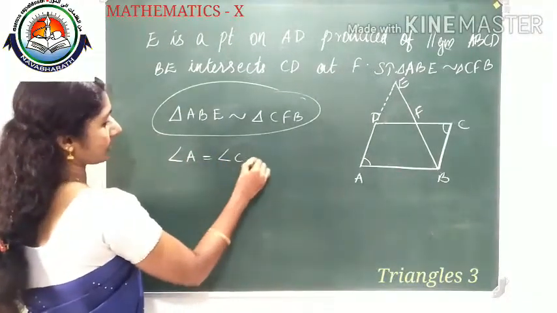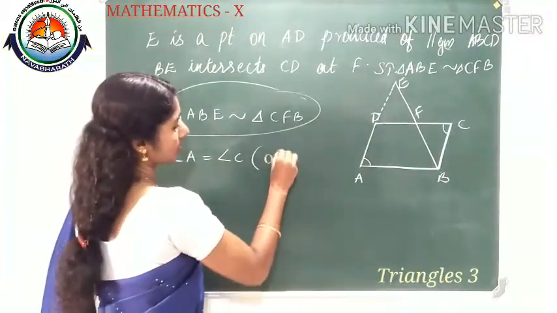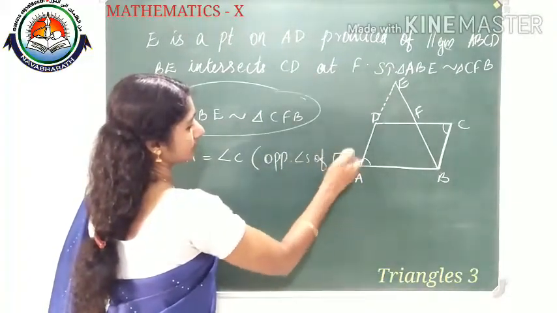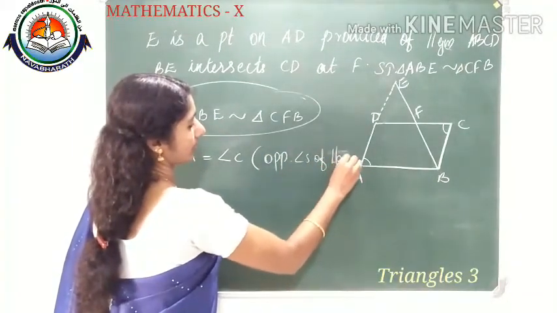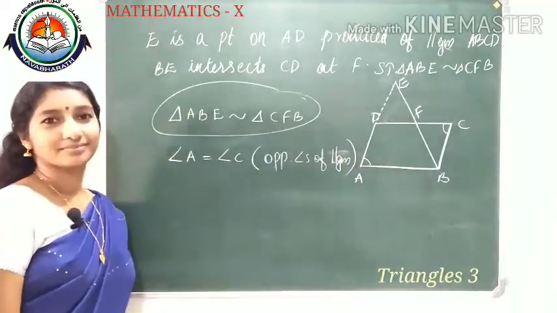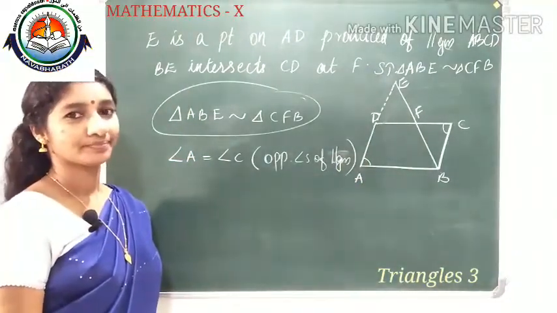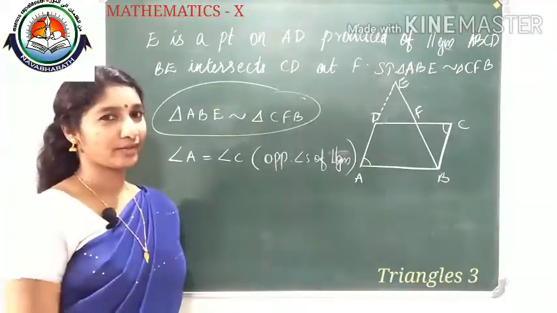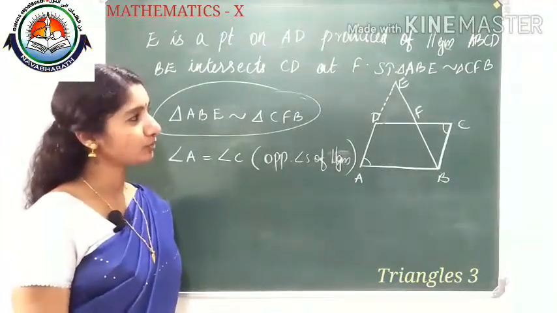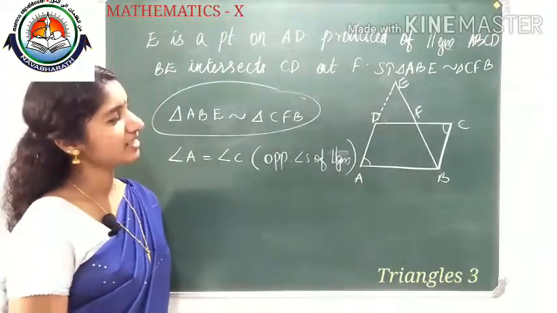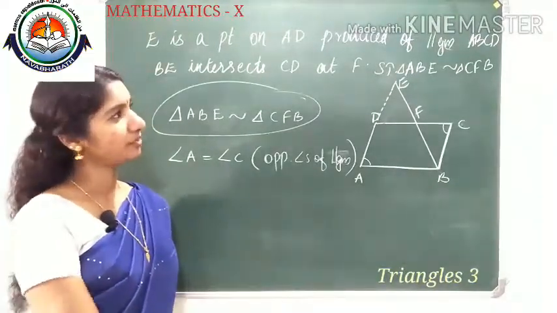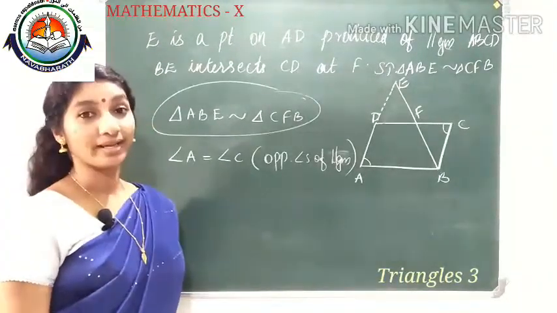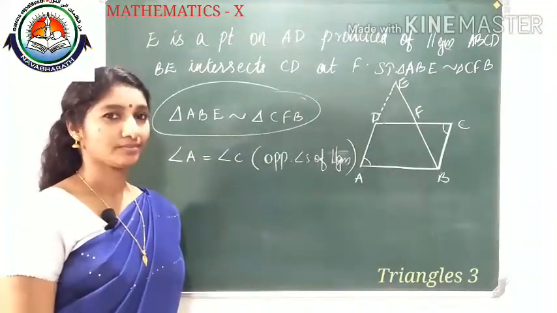Angle A equal to angle C because opposite angles of a parallelogram are equal. Okay. So one angle equal we got. If you are able to prove one more angle, fine. Side ratios we can't make equal because no information is given related to the sides. So try to make one more angle equal.